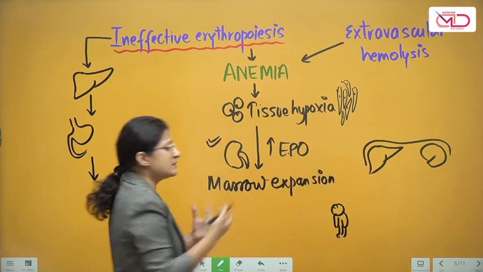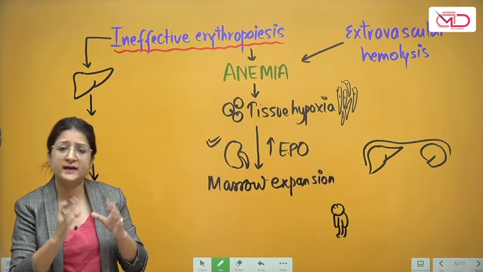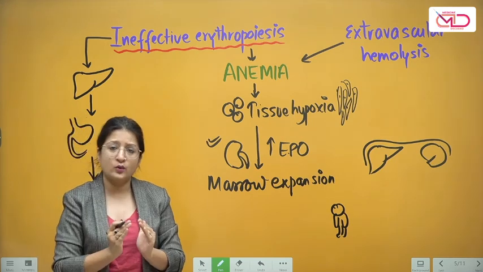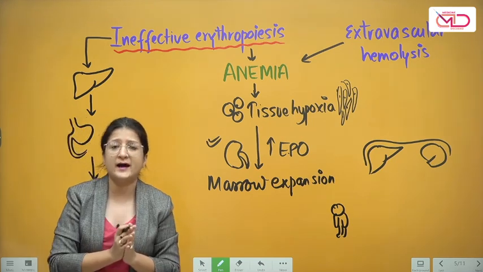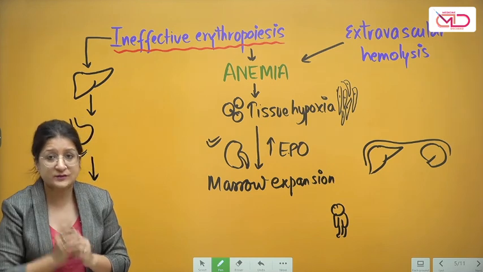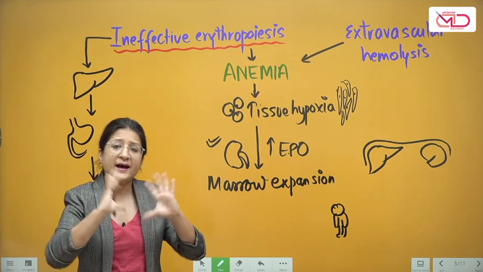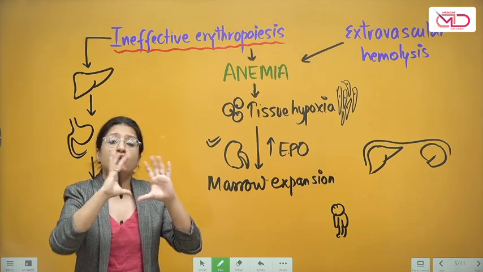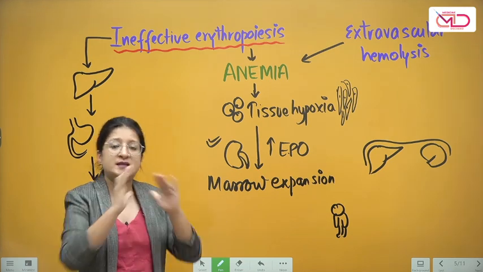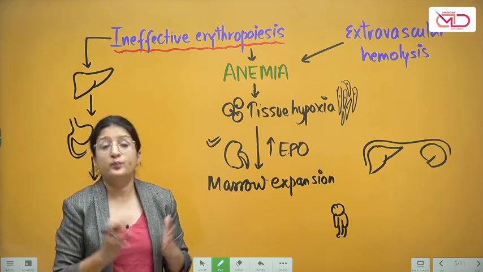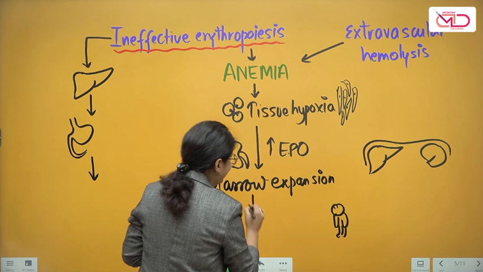And it is this marrow expansion, you see, if you consider the bone, the center of the bone is rich in marrow. The bones of the skull, they also have marrow. So what is important to note here is that when marrow expands, it will erode or eat up into the surrounding cortical bone, giving rise to bone deformities or skeletal deformities.